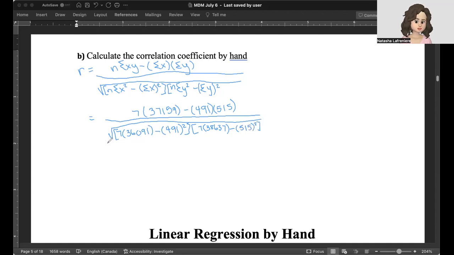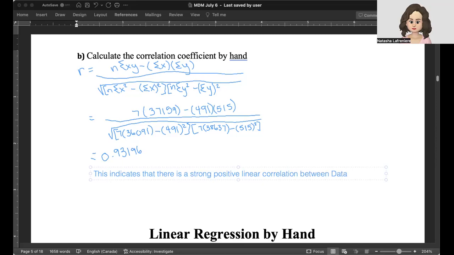So you should notice that the answer keys have been put up. So our correlation is 0.93196. If you were to throw that into the calculator, this indicates that there is a strong positive linear correlation between data grades and overall grade 12 average.